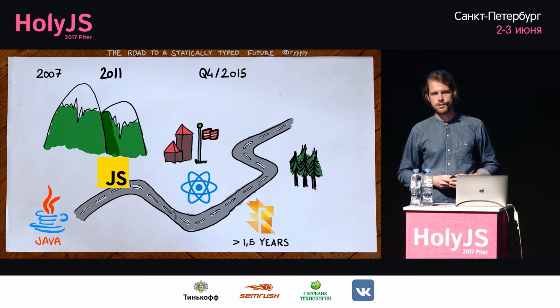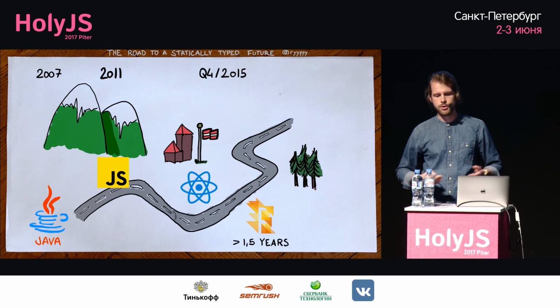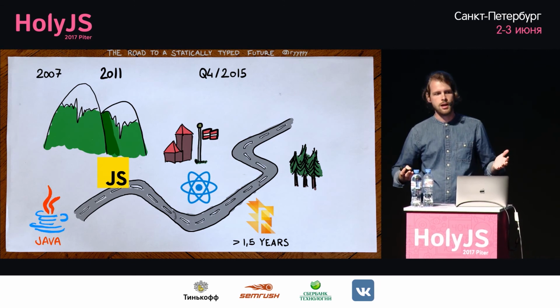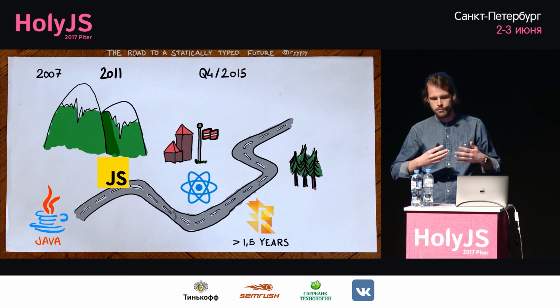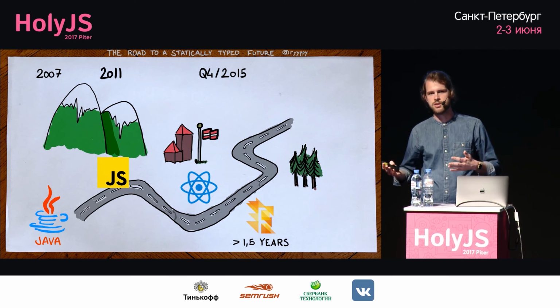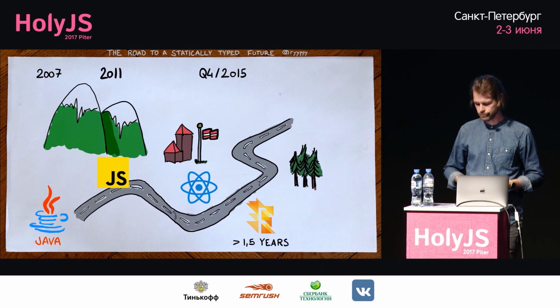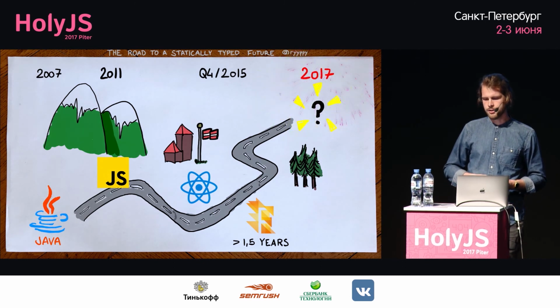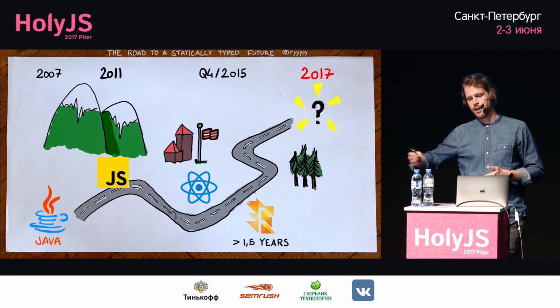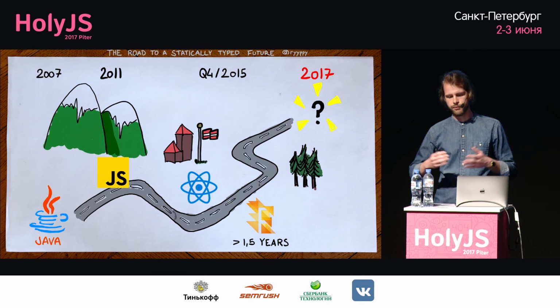So after this talk, I want to give you some insights into why I believe that static type systems aren't as bad as everyone thinks they are. And maybe I motivate you later on to try it yourself. And I'm one step ahead actually, because with Flow you have quite solid typing already.